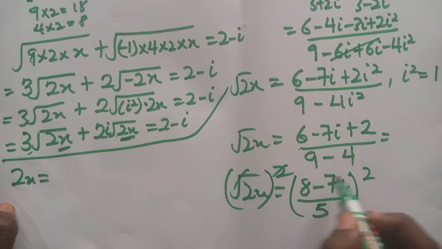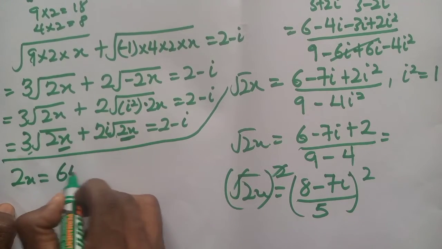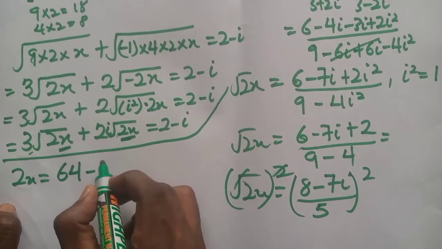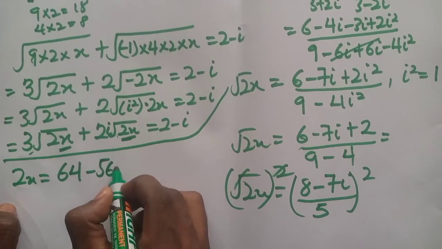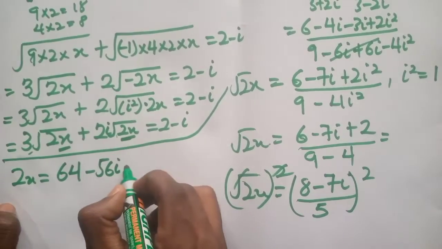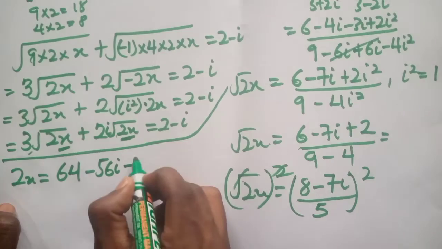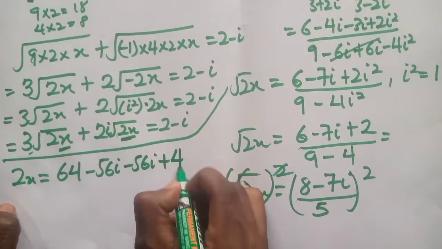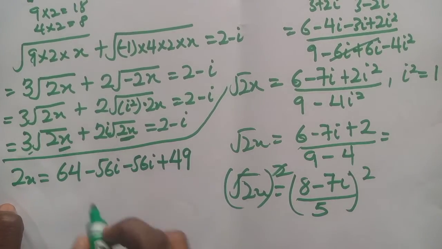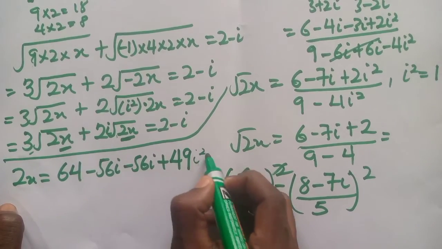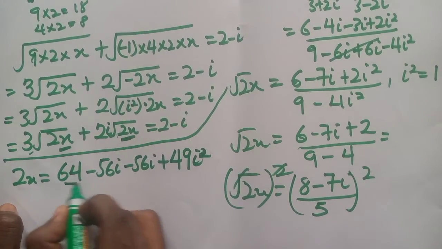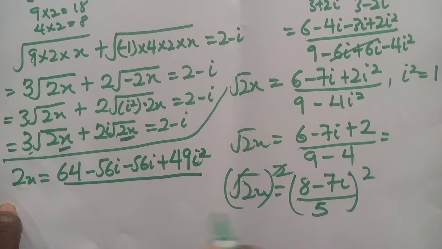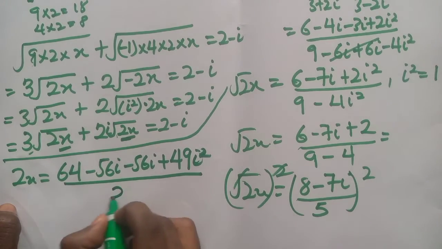So squaring this part, it becomes 64, minus 56i, minus 56i, and then we have plus 49 i squared, being divided by 25.